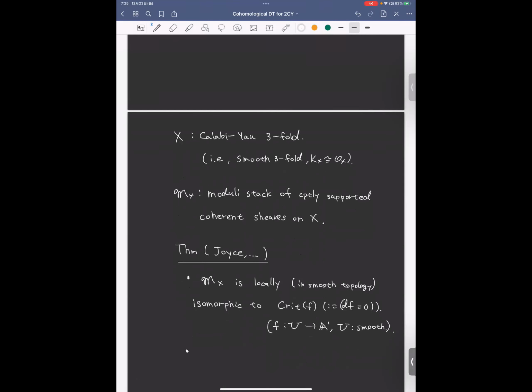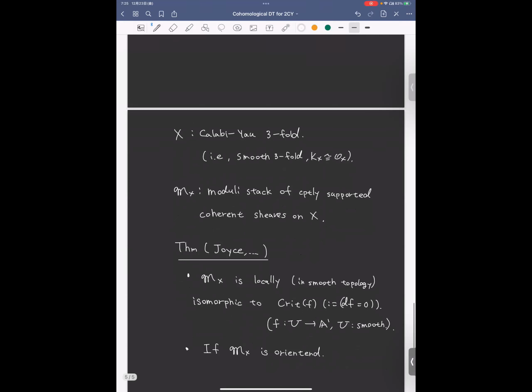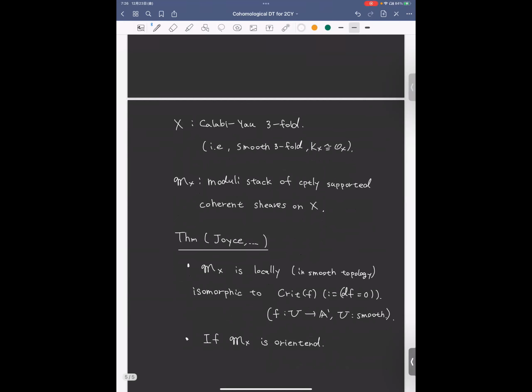So Joyce proves that the moduli stack of compactly supported coherent sheaves on a Calabi-Yau threefold is locally isomorphic to a critical locus. And further, he showed that if this moduli stack is oriented, here I don't explain the definition of orientation because it's just a technical condition, technical data.